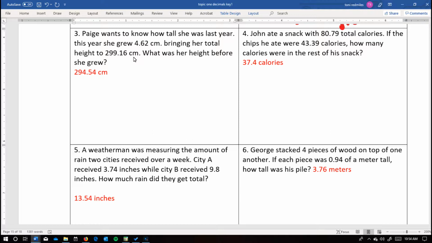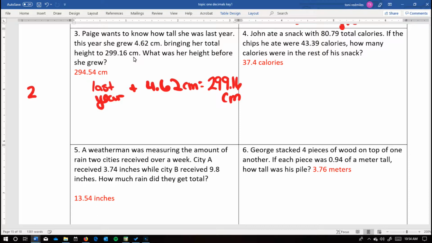So she had a height, last year's height. She grew 4.62 centimeters, and she ended up being 299.16 centimeters. Okay, so again, if you set this up somehow using subtraction, you're fine. Because to be able to find what goes in this box, I'm going to have to subtract them anyway.